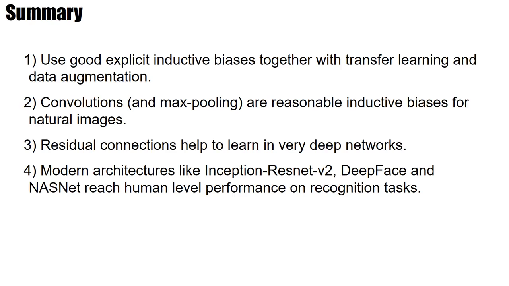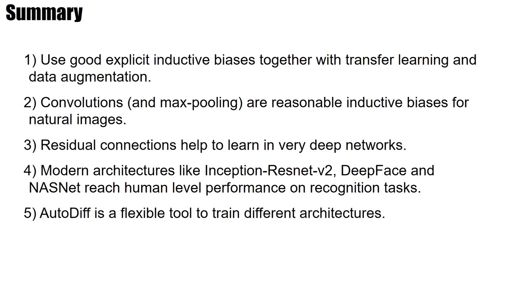And it should also be said that many of these modern convolutional networks can still be fooled and give wrong answers for images that look quite obvious to human observers. Then auto-differentiation is a flexible tool to train across all sorts of different architectures.